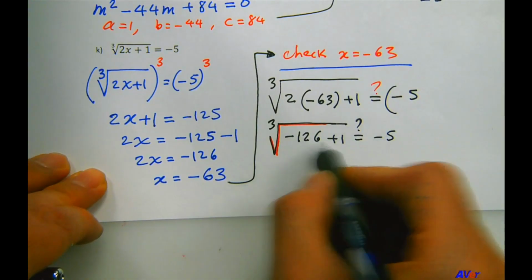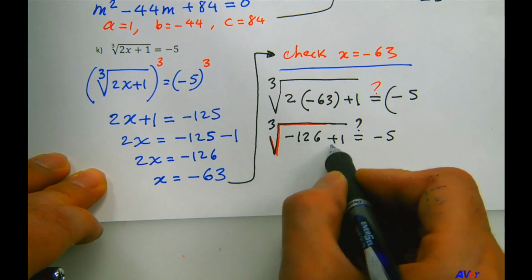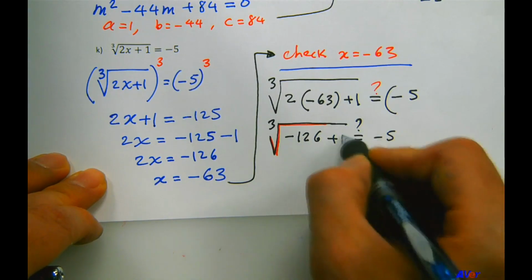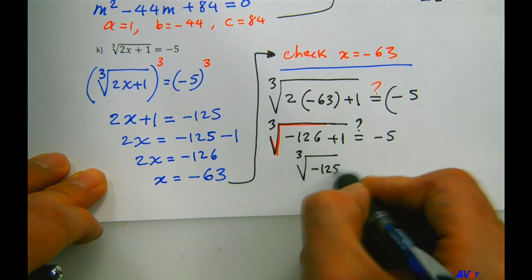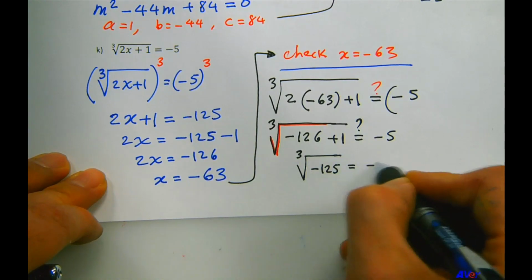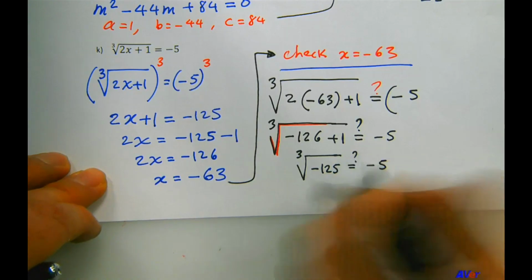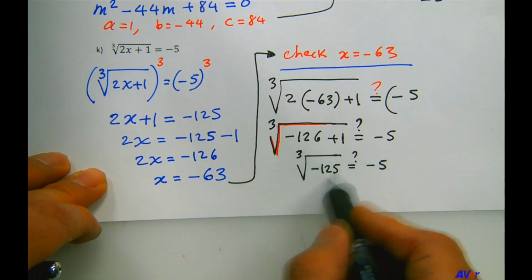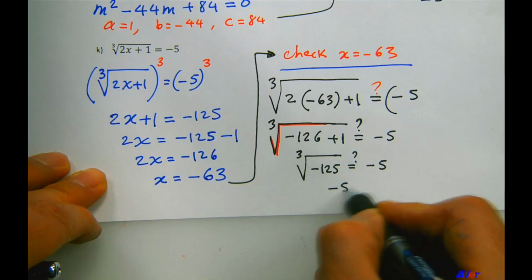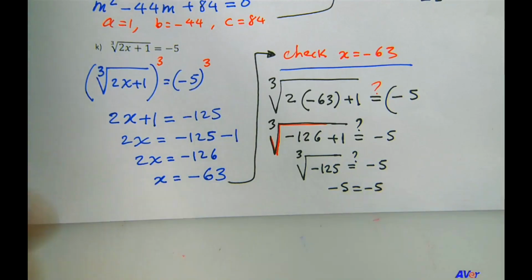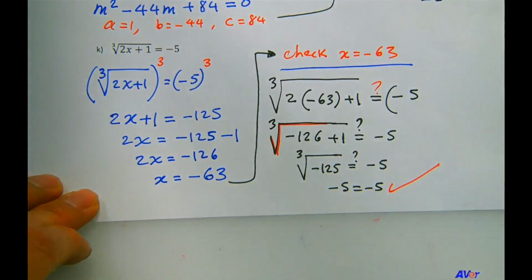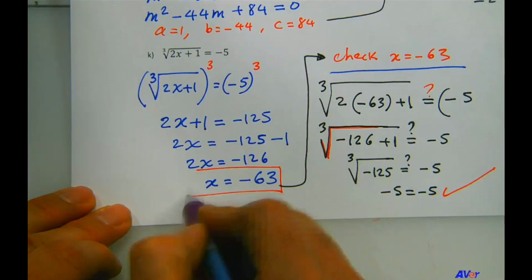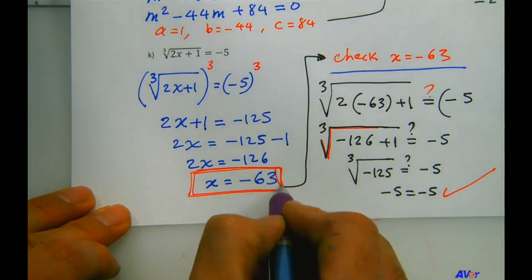This is minus 125, right, after you add 1 to it. So third root of minus 125 equals, is that true? And yes, third root of minus 125 is minus 5, equals minus 5. So the left side equals the right side. So this answer we can box and accept as a correct answer.